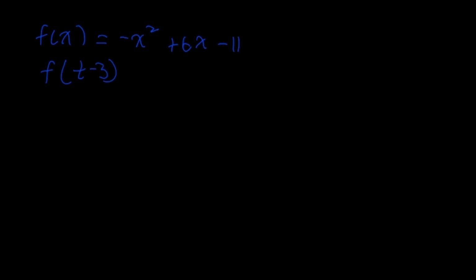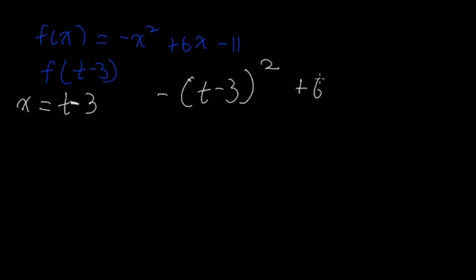With this, you plug in, so x is equivalent to t minus 3. You're plugging in t minus 3 for every part of this equation. So you have negative t minus 3 squared plus 6 into t minus 3 minus 11.